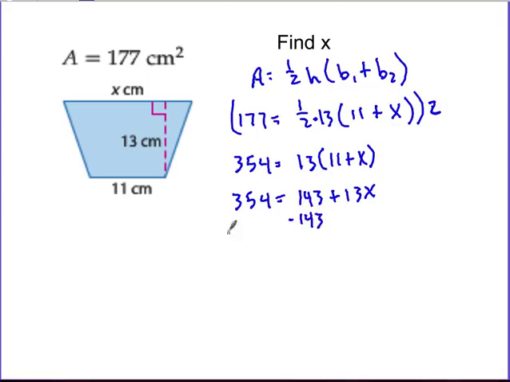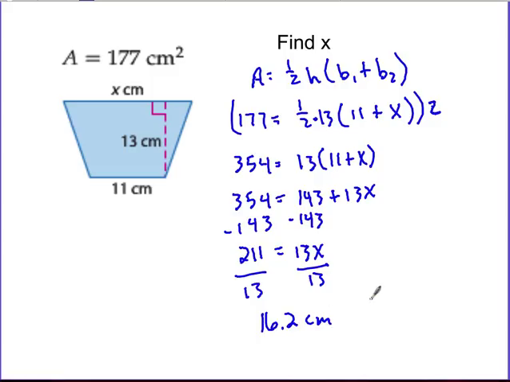Subtract 143 from both sides. 211 is 13x. Divide by 13 and it's about 16.2 centimeters for x. And that's all we need to do for the final answer.